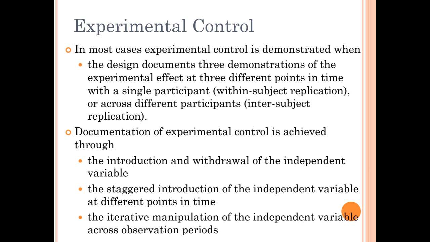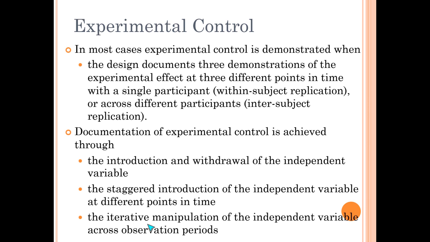For example, we can implement the treatment and we can withdraw it. We would call that the introduction and withdrawal of the independent variable. We can also introduce the treatment or the independent variable at different points in time to different participants. Then we have a staggered introduction at different points in time.